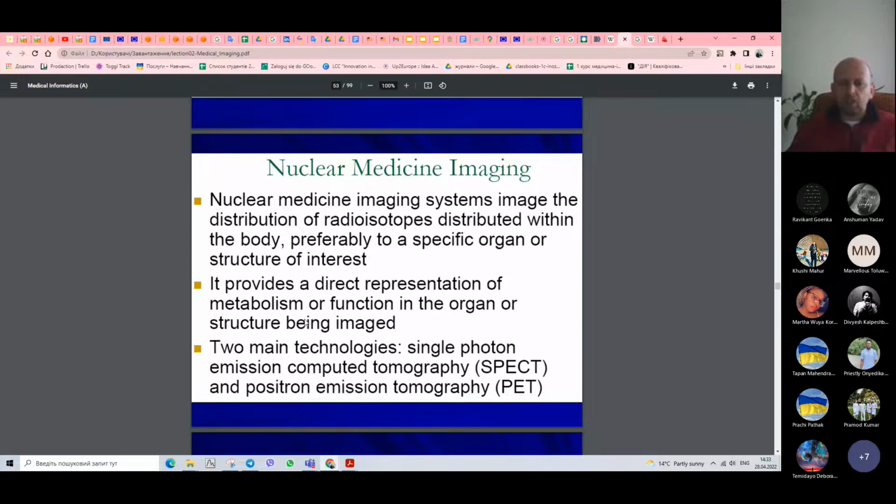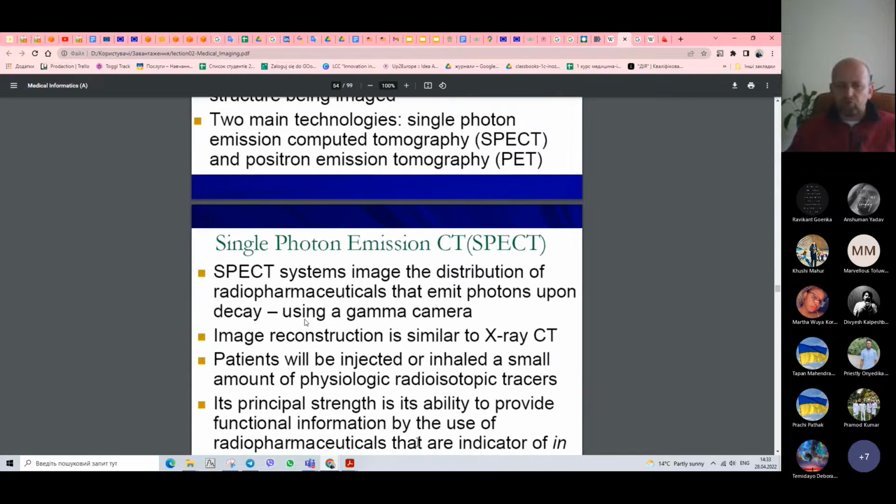It provides a direct representation of metabolism or function in the organ or structure being imaged. Two main technologies are present: single photon emission computed tomography and positron emission tomography.